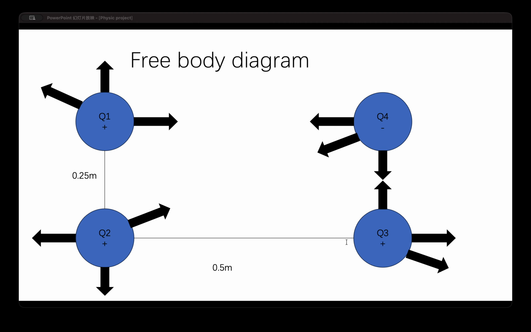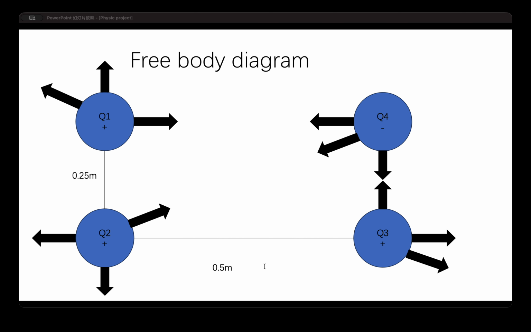So for Q4, all three other charges are attracted. It has three attractive forces, one pulling it to the right, another pulling it downward, and the third pulling it along the diagonal line to the down and left.